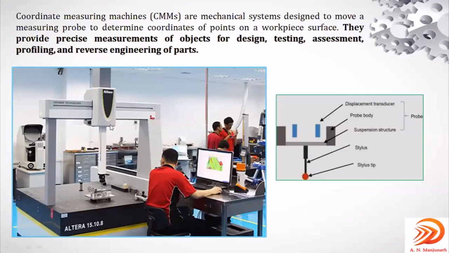This CMM mainly has a wide range of probes of different sizes and designs available, which can be used for measurement or inspection purposes. These can move in the X, Y and Z directions. It can be manually controlled, or it can even be CNC, computer numerical controlled, right?